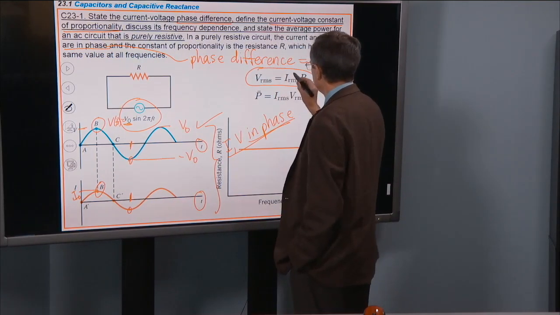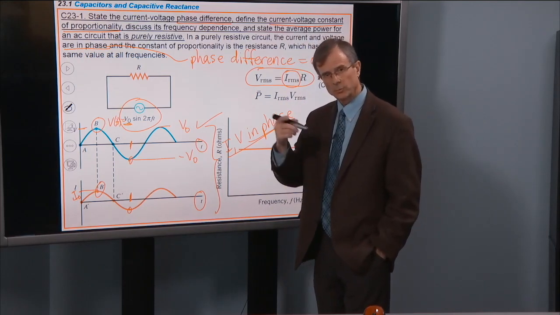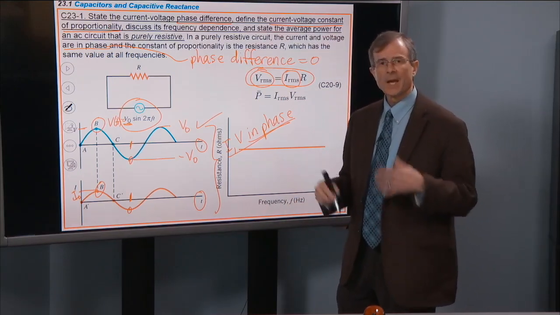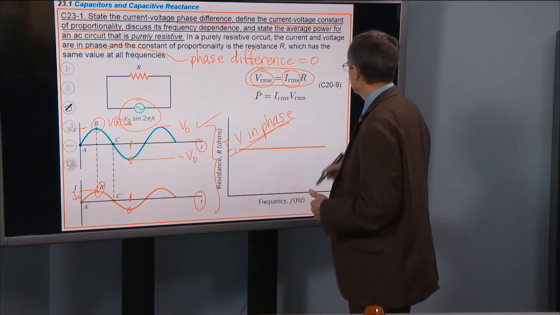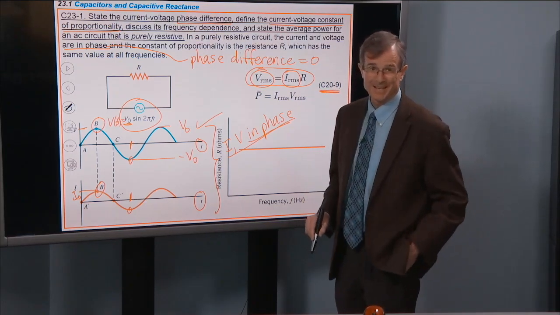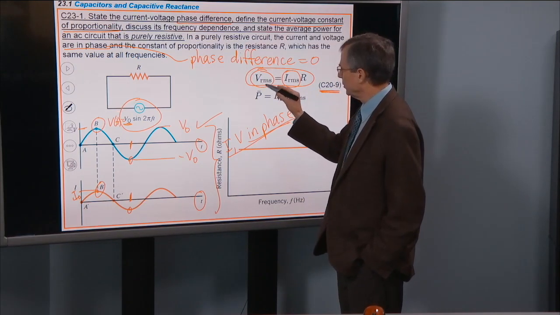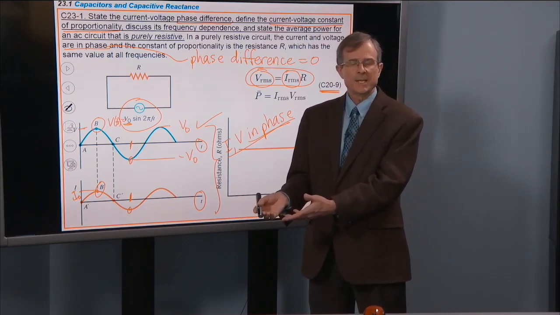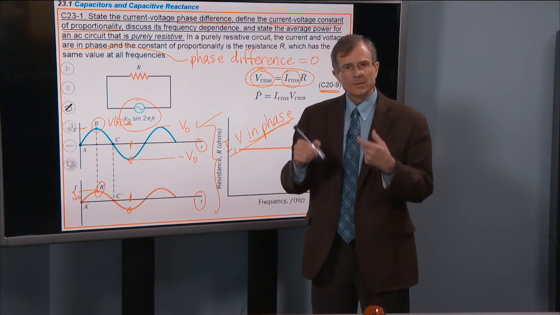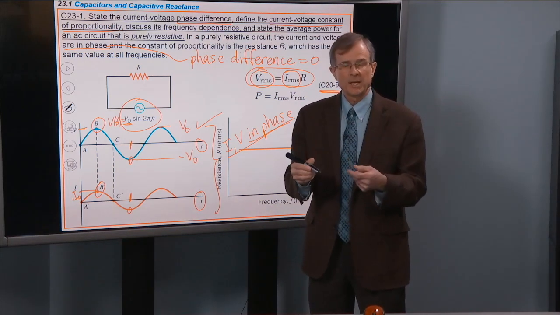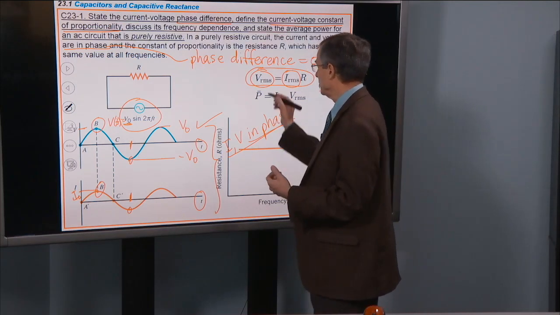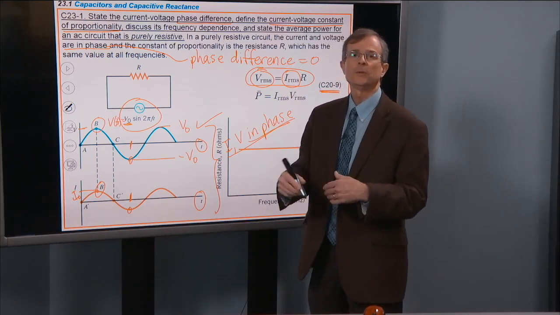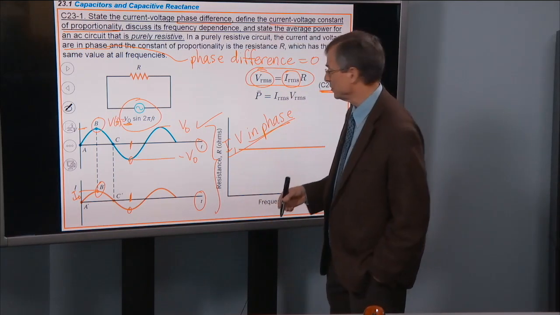Here's the current, the RMS current, the root mean square current. Here's the root mean square voltage. How are they related to each other? Back in chapter 20, we talked about that you can write V equals IR, and then applied to an AC circuit, that same equation applies by replacing the V, which is a time-dependent quantity, and the I, which is a time-dependent quantity, with the root mean square voltage and the root mean square current.